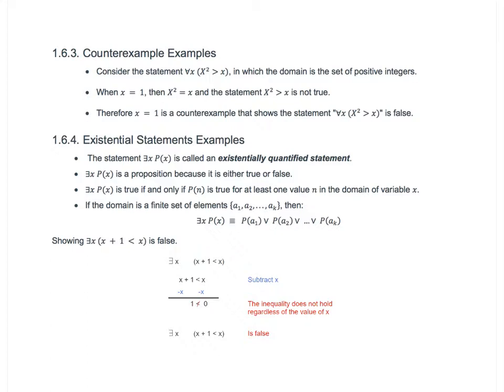So if we assume that the domain of variable x is a finite set of elements like a1, a2, all the way to ak, then you can write the following logical equivalence.